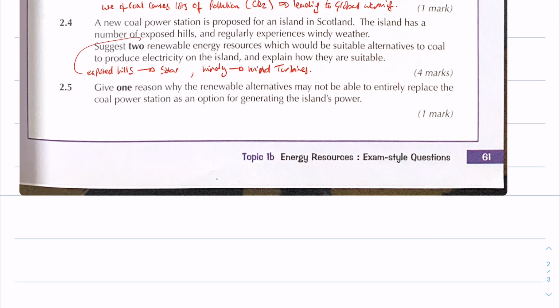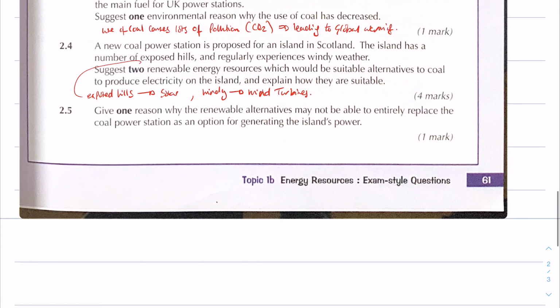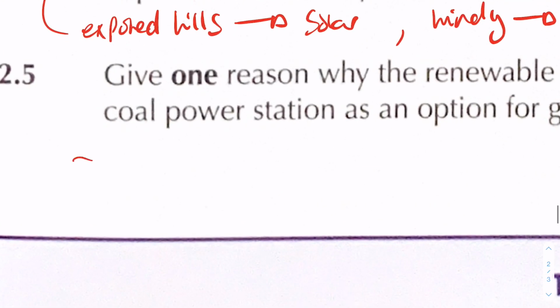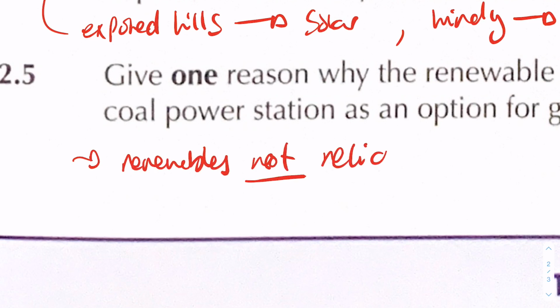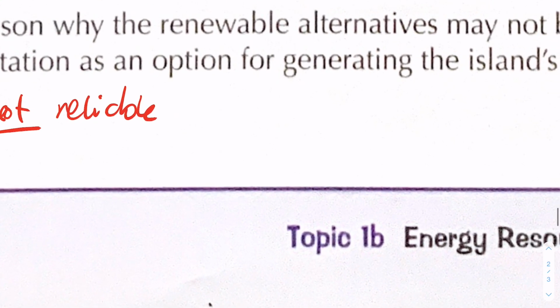Give one reason why the renewable alternatives may not be able to entirely replace the coal power station. Because they're not reliable. So renewables not reliable. Why? Because it's not always sunny.